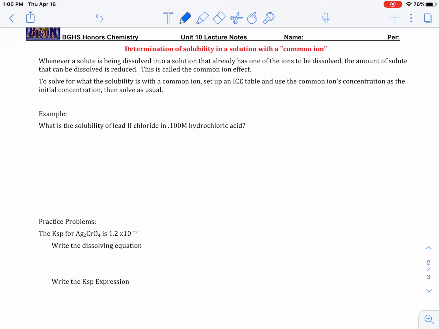Okay, so now let's talk about what if there is a common ion. A common ion is whenever you're trying to dissolve something, but one of the parts of the compound is already present. So in this first example, we've got a 0.1 molar solution of HCl.